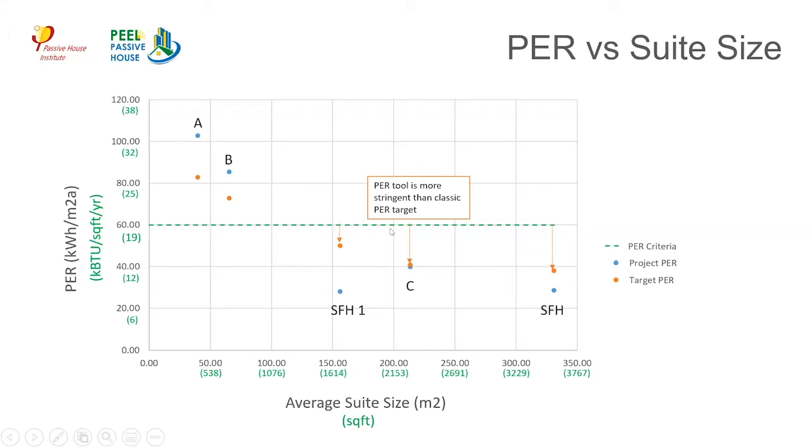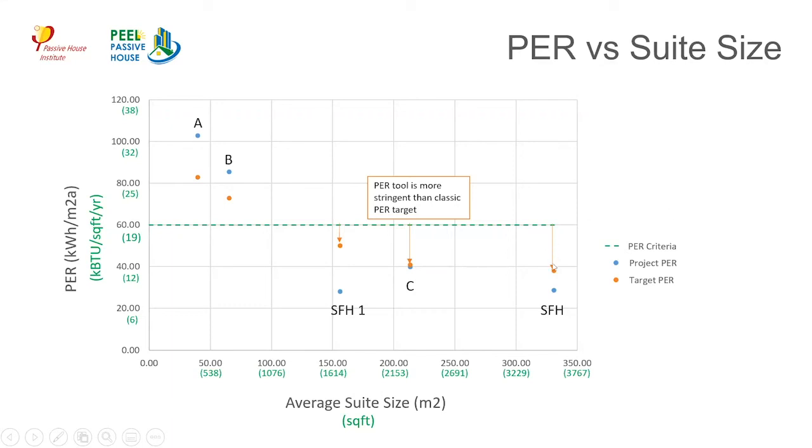The classic PER target is 60, whereas for these projects, you can see that the target PER calculated, these orange dots, are much lower than that at like 50 and 40 kilowatt hours per meter square per year. So all of these projects would meet the C and the two single family homes projects would meet either the PER target or the classic PER target of 60.